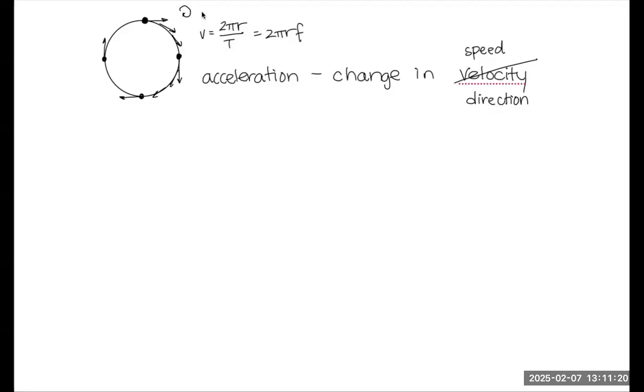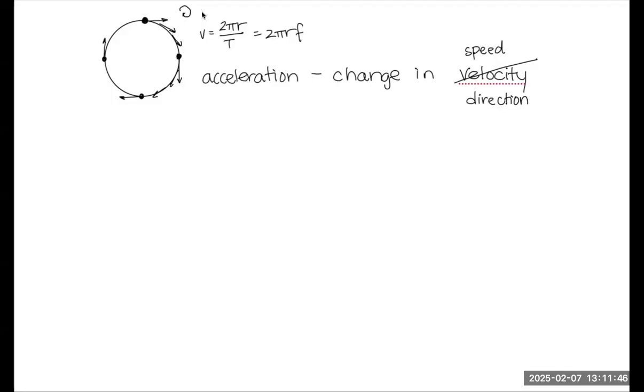So what that means is that an object that is moving in a circle is always changing its direction. So it's got to always be experiencing acceleration, and it must always be experiencing some force. And to decide what direction that force is in, we can look at how the direction of motion is changing.